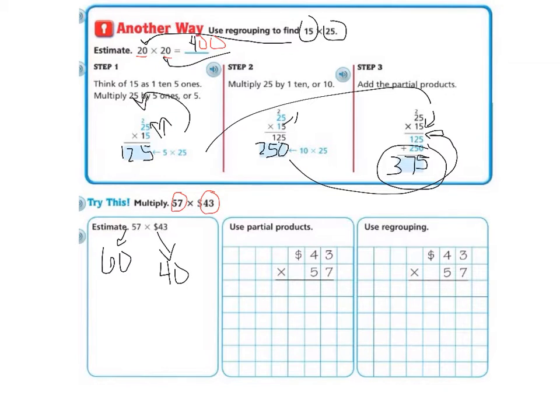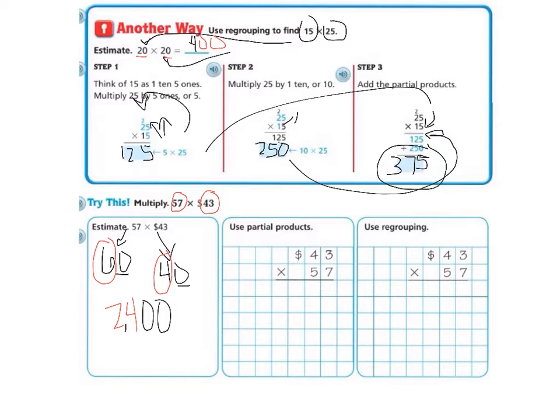And now I'm going to pull out my numbers that are not zeros. 6 times 4 is 24. And then I'm going to take my 2 zeros and add them back on. So my answer is going to be about 2,400.